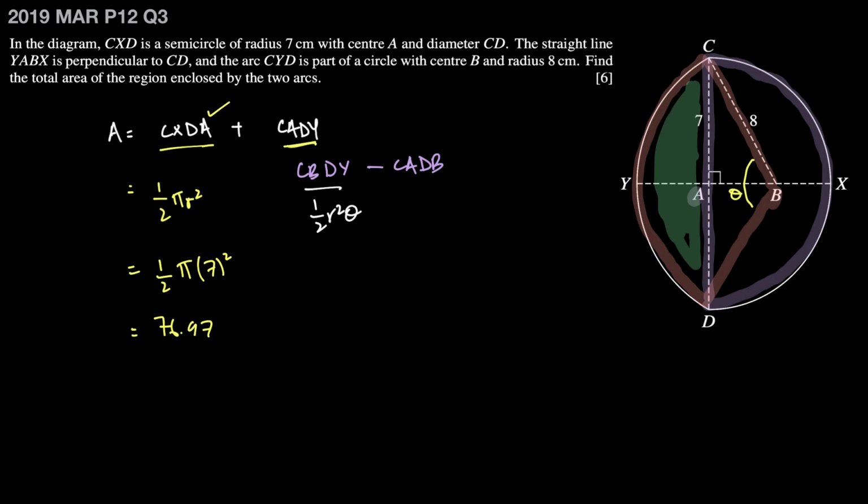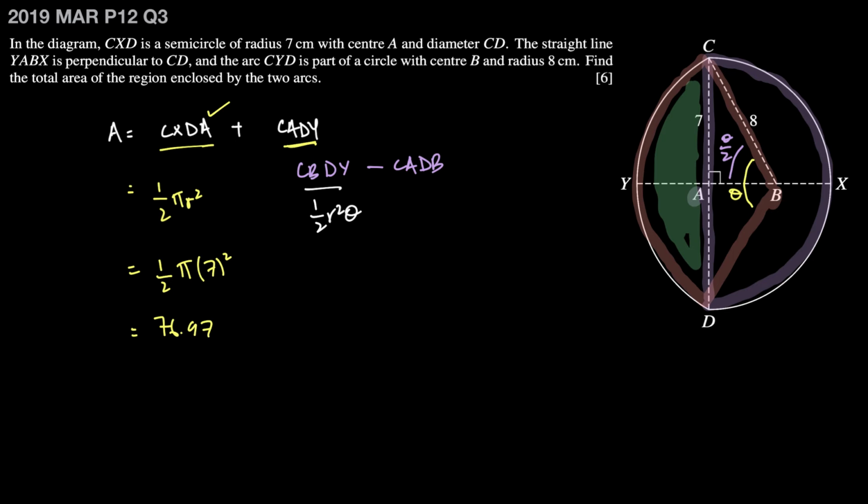This is theta. Now, from the information that they've given us, we can figure out this angle, which is half of theta. So this purple angle is theta over 2. And this is simply the sine of this angle. Sine of theta over 2 is equal to 7 over 8, opposite over hypotenuse.